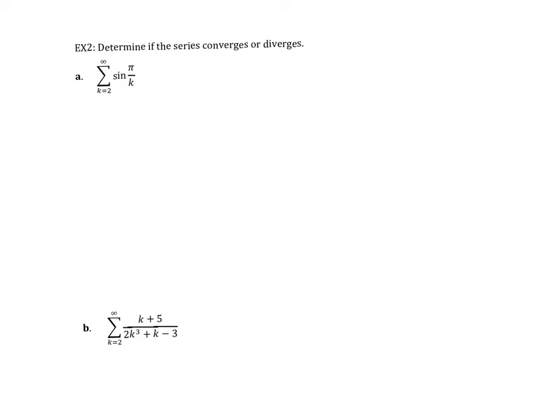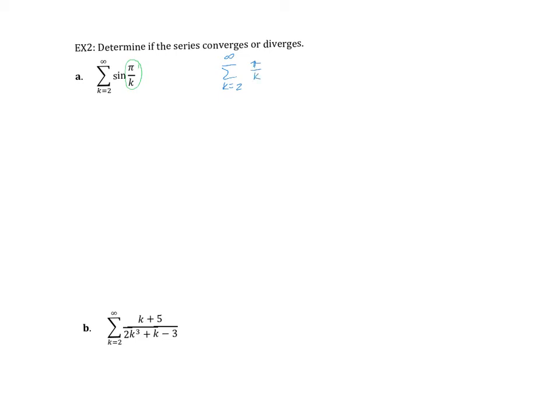Example 2a, we have our series sine of pi over k. I need to choose a series to compare it to. So typically what I do when I have trig functions, and this works most times, not always, is I'll just assign a series that is the argument of my trig function.